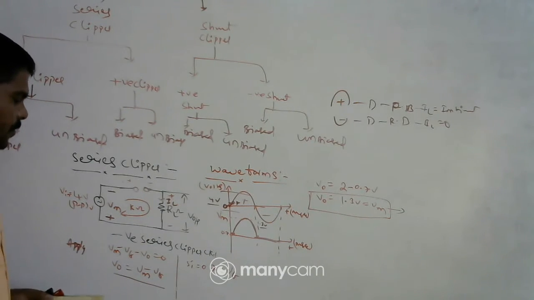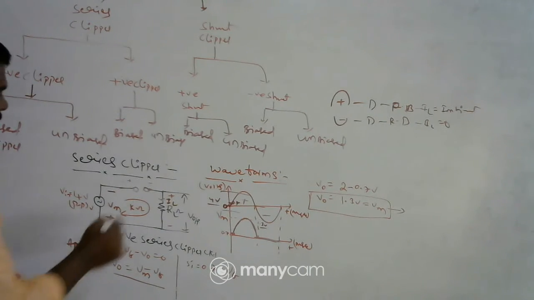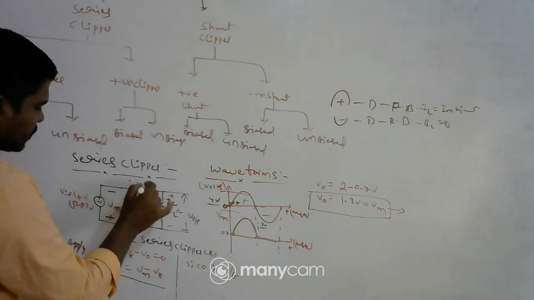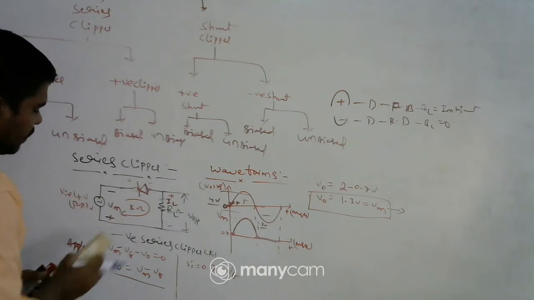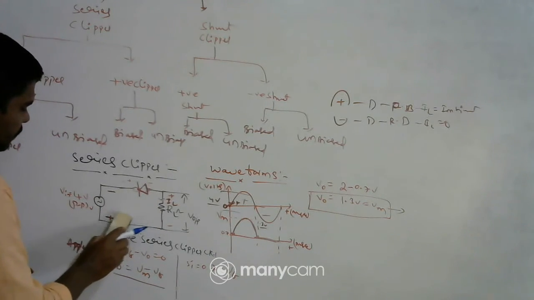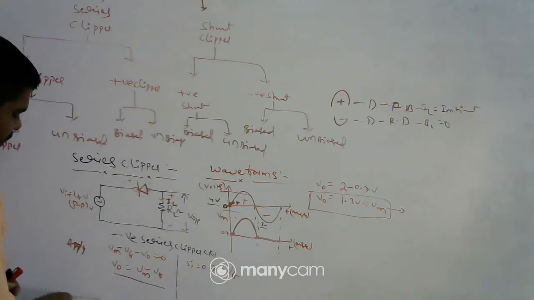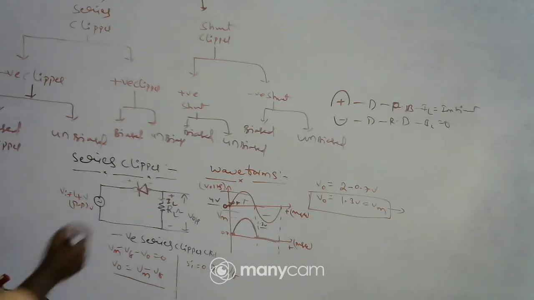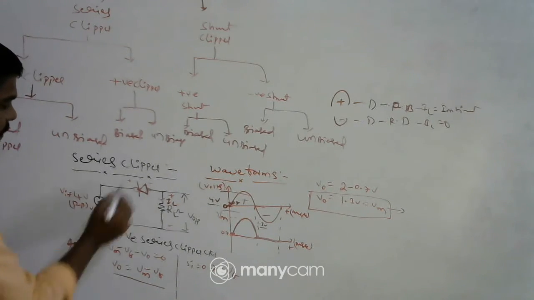Right? So this is the negative series clipper circuit. Then next, the positive series clipper. This is the positive series clipper circuit diagram.